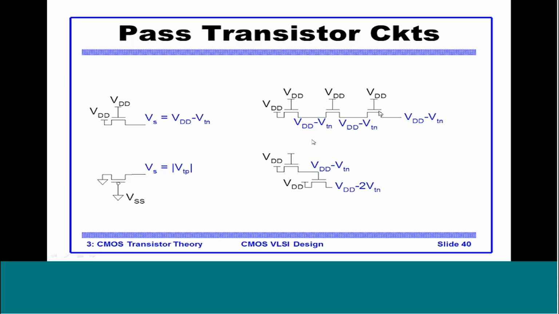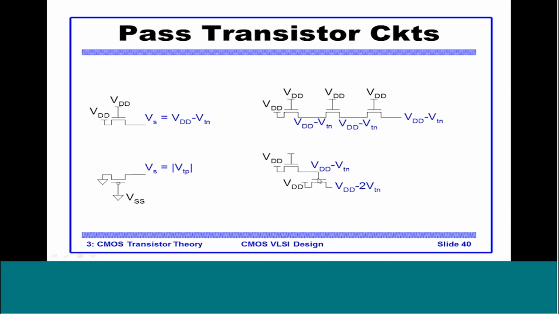There is a separate configuration here, where we connect the output of one pass transistor to the gate of another. In the first case, the source of one transistor was connected to the drain of the other. Similarly, they were connected in series. But here, the source of one transistor is connected as a gate.